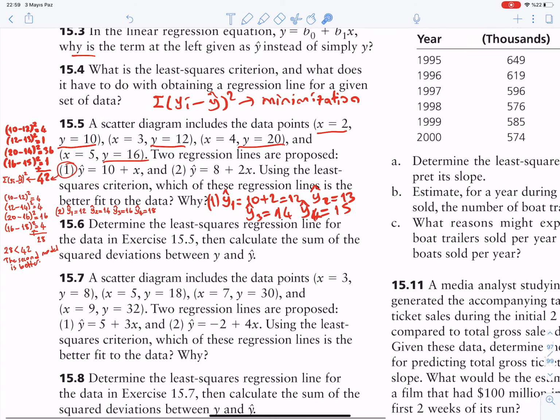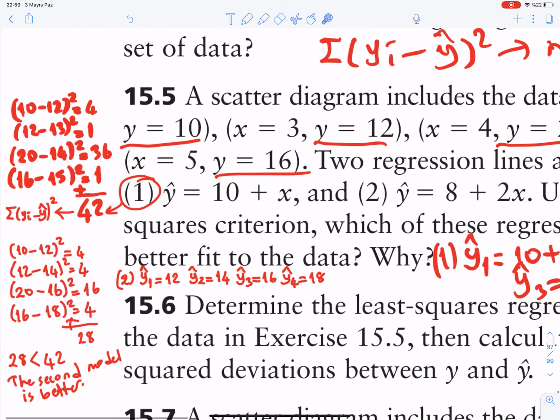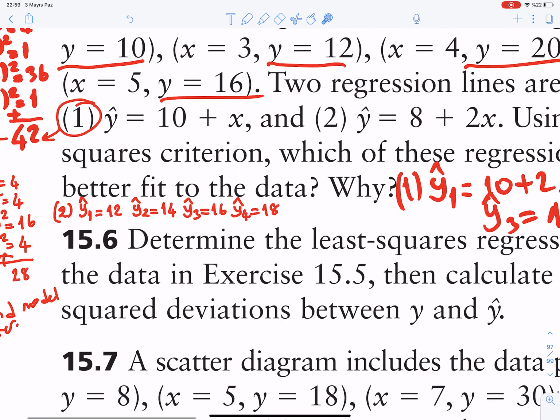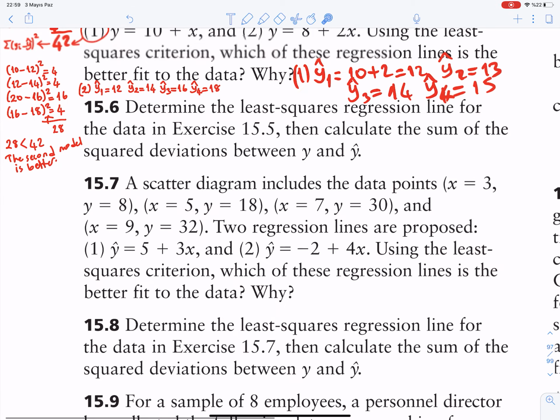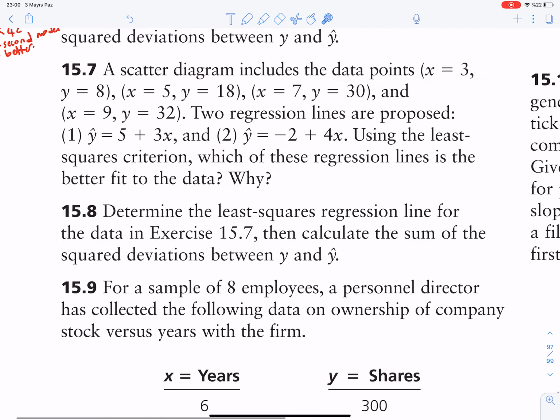You need to perform the same steps for those two models, and get y hat 1, 2, 3, and 4. You have four data points, and you need to get the square distance for the first model and for the second model, and the smaller one is the better one. So this is how you conclude.